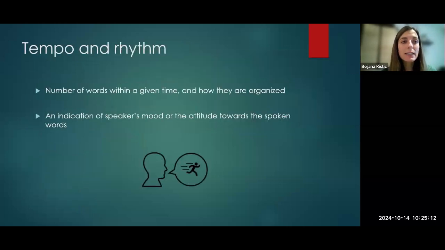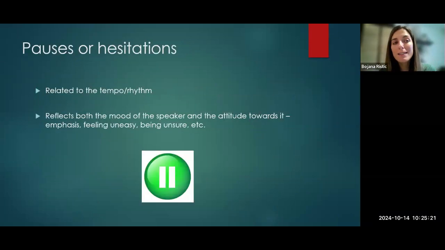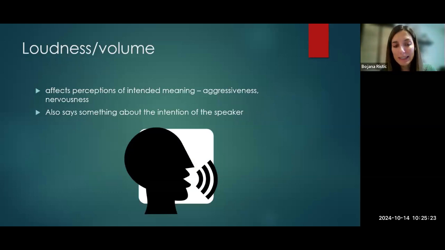Okay, so most of these you probably already thought about or knew about or were aware of, but these are some of the paralinguistic features of our speech that are not concerned with written language.